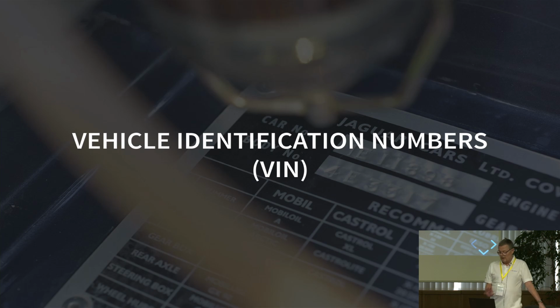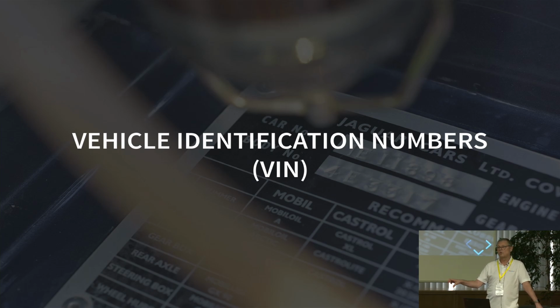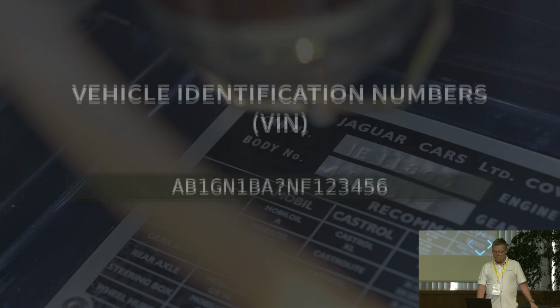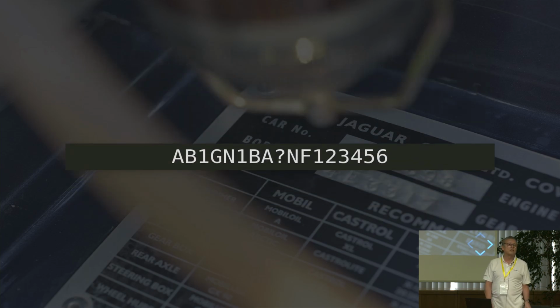Right, vehicle identification numbers. If you own a car, you will have one of those. It will be stamped on your engine block or maybe on a steel plate, on the windscreen somewhere. You can find them pretty much anywhere. The weird things, they look like this, sort of 17 characters of information.